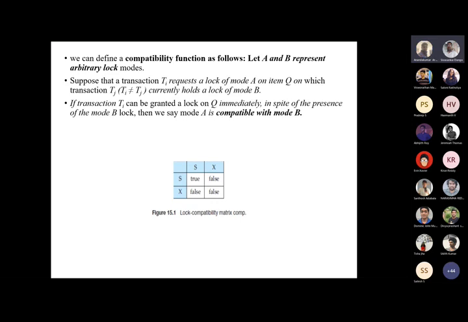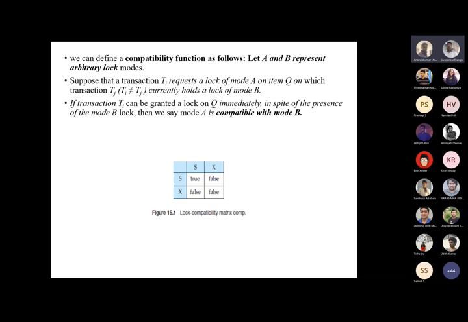Suppose that a transaction TI requests a lock mode A on an item on which transaction TJ currently holds a lock of mode B. If transaction TI can be granted a lock on Q immediately, in spite of the presence of the mode B lock, then we say that mode A is compatible with mode B.